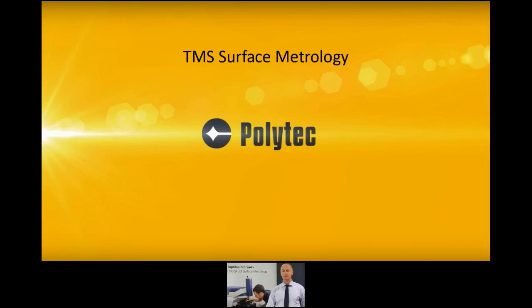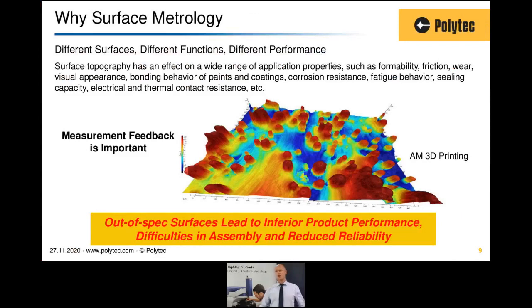So to begin, surface metrology by Polytec. So why surface metrology? Well, different surfaces have different functions and different performance. Surface topography has an effect on a wide range of properties, such as formability, friction, wear, visual appearance, bonding behavior, coating, corrosion, fatigue, sealing capacity, electrical and thermal properties.